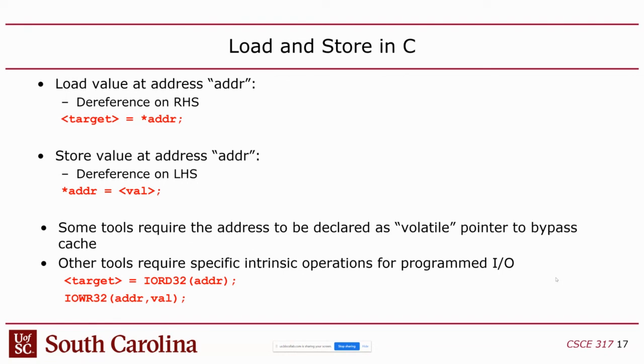Sometimes this can be done by adding the volatile designator to the type of the pointer. But sometimes even that doesn't work. It depends on the compiler and it depends on the processor. Sometimes you need specific intrinsic operations. For example, on some processors you have to use I/O read and I/O write intrinsics. Intrinsics basically look like functions, but they're just a way to translate statements directly into specific assembly language code.